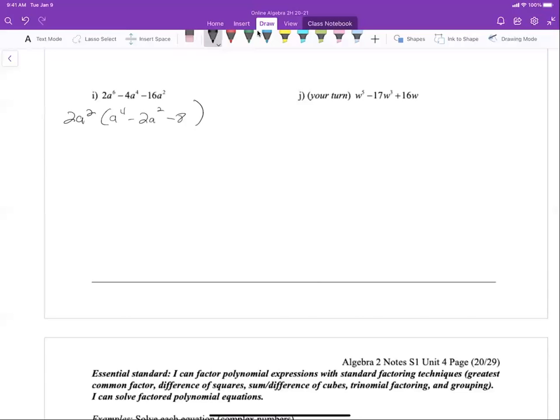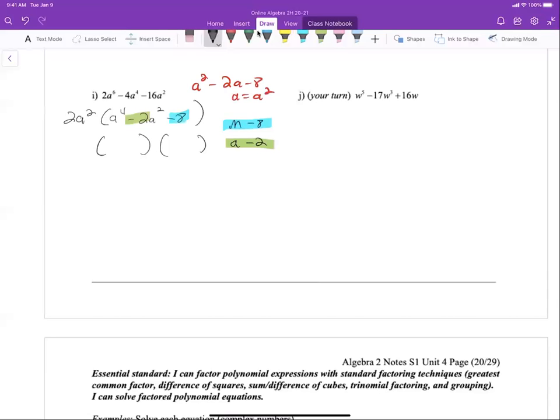Now I'm going to need to focus on what's inside the parentheses. And again, this is that situation where I have a squared minus 2a minus 8, where a is equal to a squared. And so I need to find 2 numbers that multiply to -8 and add to -2.